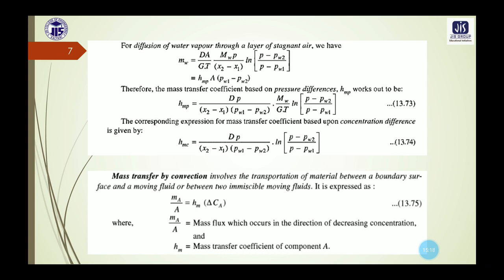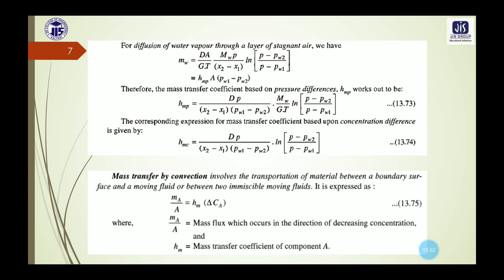Now for diffusion of water vapor through a layer of stagnant air, we can write M_W equals H_MP A into P_W1 minus P_W2. So here we have used the mass transfer coefficient in terms of the partial pressure. After that we can write this equation number 13.73, where the mass transfer coefficient based on the pressure differences H_MP is obtained by rearranging the earlier step.